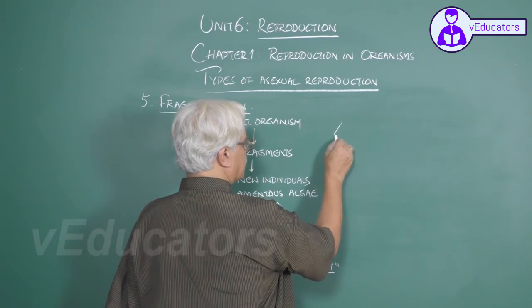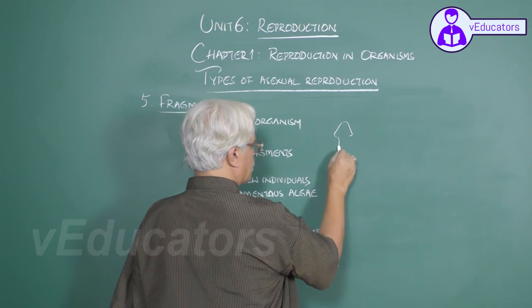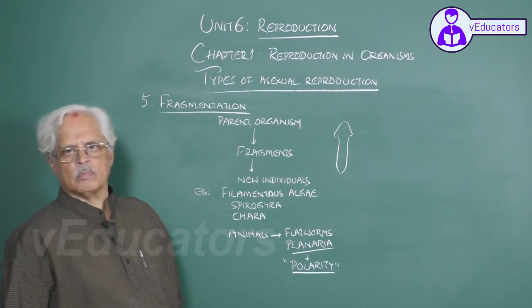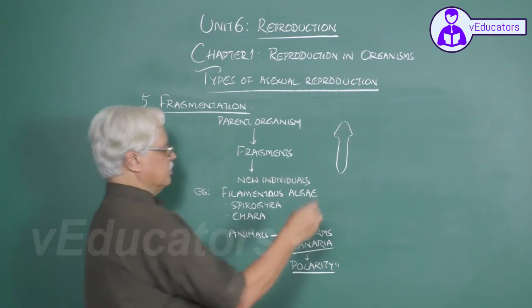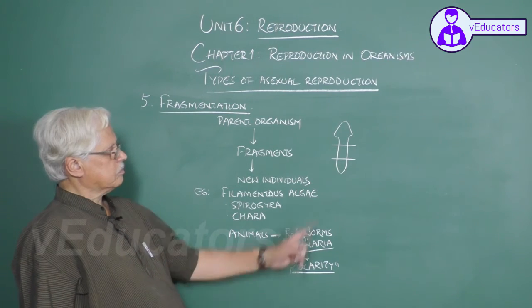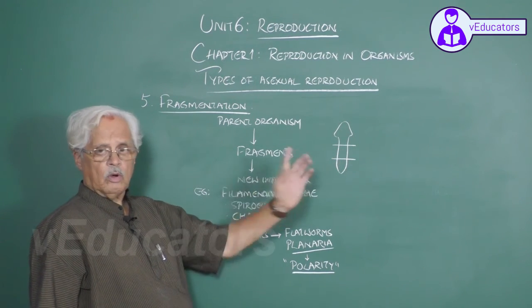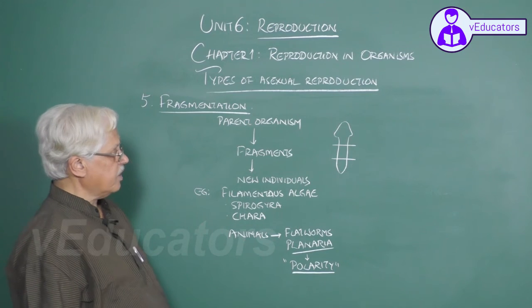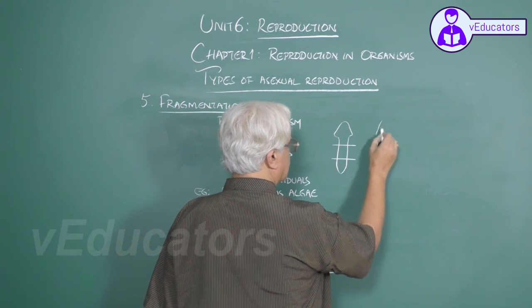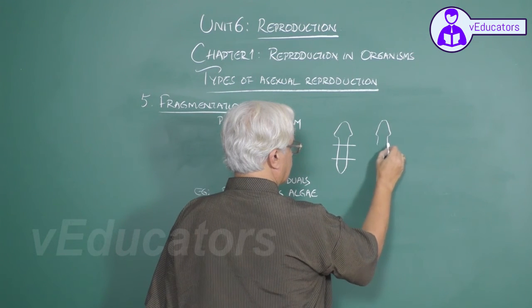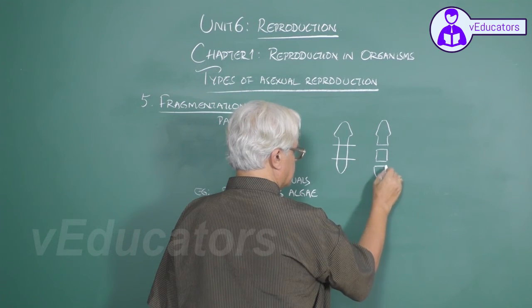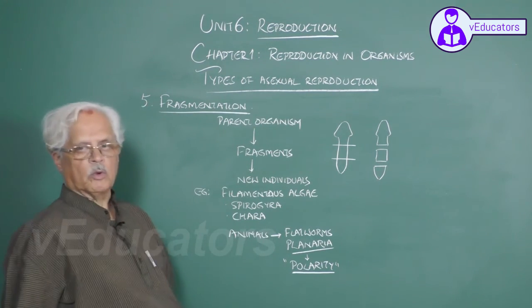For example, this is a planaria. Suppose this planaria breaks into 3 fragments, or if it is cut into 3 fragments accidentally or otherwise, you get 3 pieces. This will be one piece, this will be another piece, this will be one more piece.